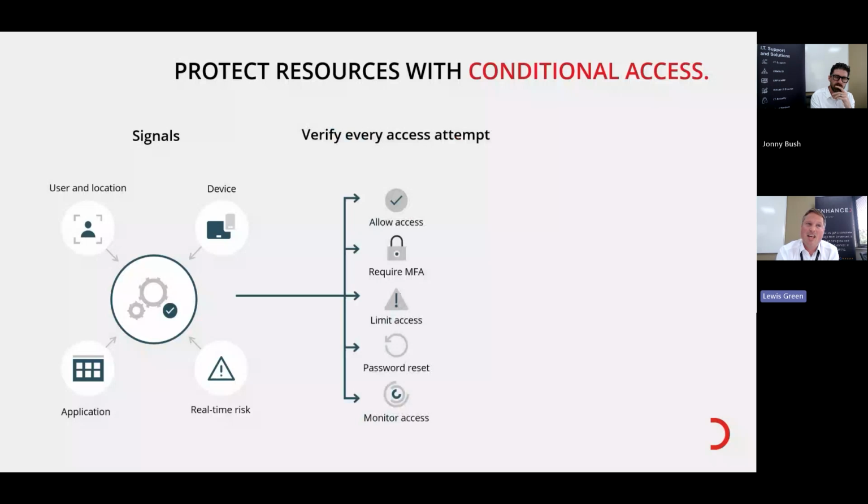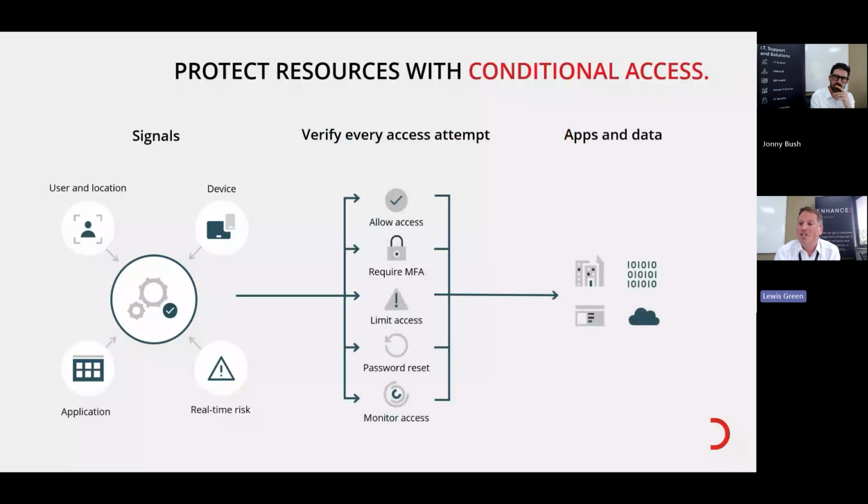You may say, if you're on a personal device, we'll provide you access, but it's going to be limited. And what do those limits look like? It's going to limit the applications and data within 365 and also our single sign-on applications. So you may say, for a personal device, we'll let you access corporate email, but we won't let you access SharePoint, for instance. So we're providing as limited access as possible based on the user type and their location.